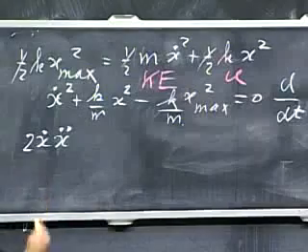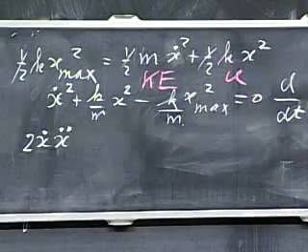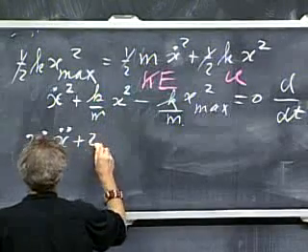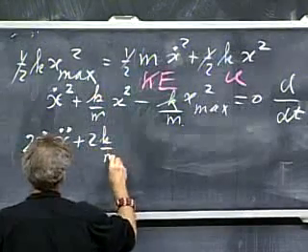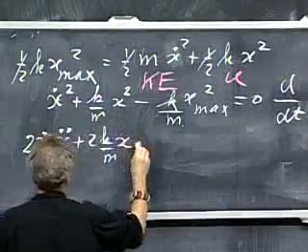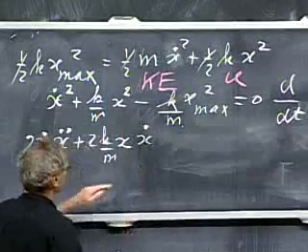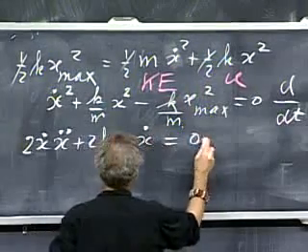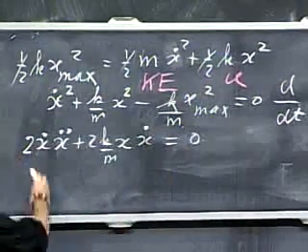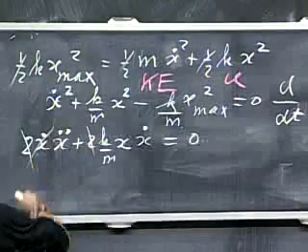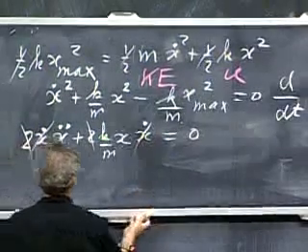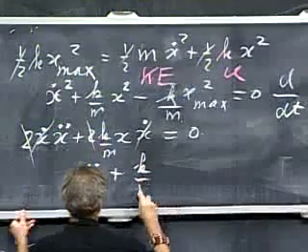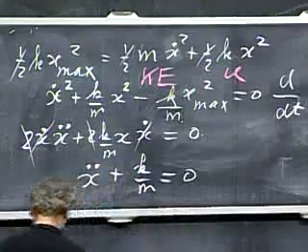So I also get x double dot, the second derivative, the acceleration, plus I get a 2k over m times x, but the chain rule gives me an x dot. This is a constant, that's the total energy when I started, so the whole thing equals 0. I lose my 2, I lose my x dot because it's 0, and what do I find? x double dot plus k over m x equals 0.